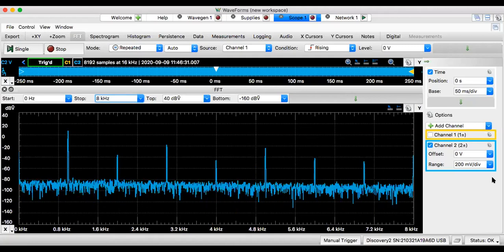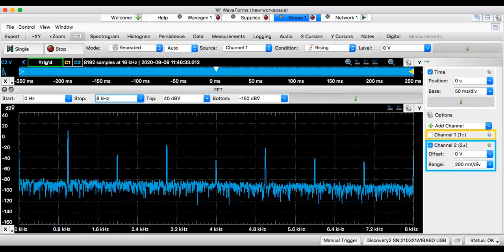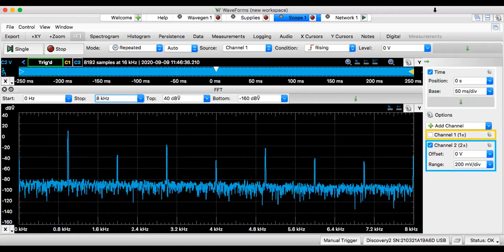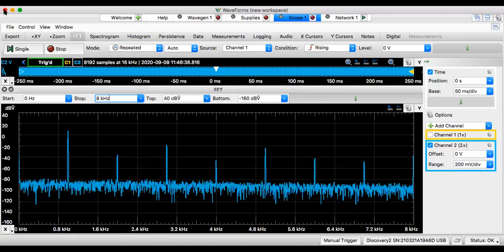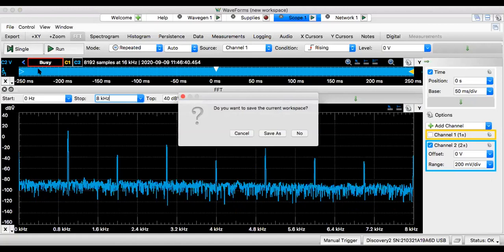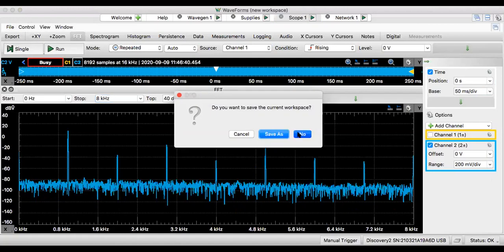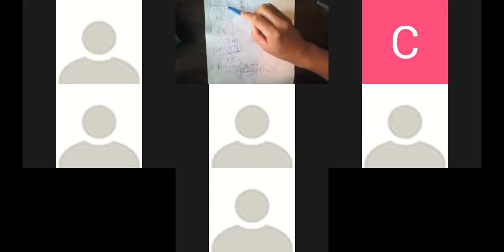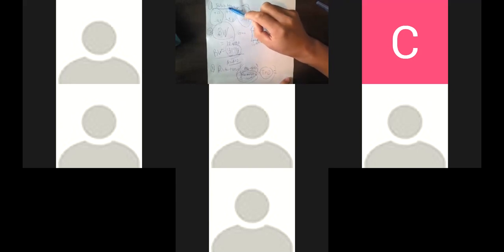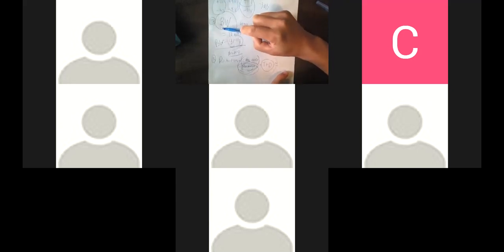To sum up, there are many differences between the real world and the ideal world. The first difference is saturation. The second difference is the bandwidth.